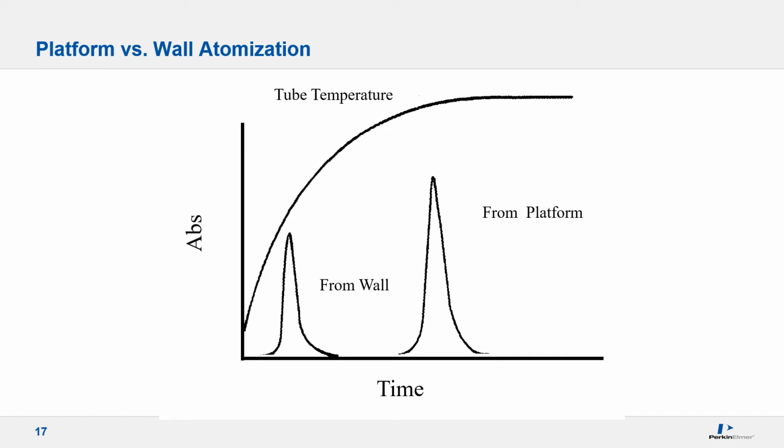Since the platform is heated by radiation from the walls of the tube, the temperature of the sample on the platform is delayed relative to the wall of the tube and therefore to the vapor within the tube. Instead of volatilizing the analyte as the temperature is changing as massive gas expansion is occurring, we delay the appearance of the ground state atom cloud until the gas phase has reached a more stable or steady state condition.